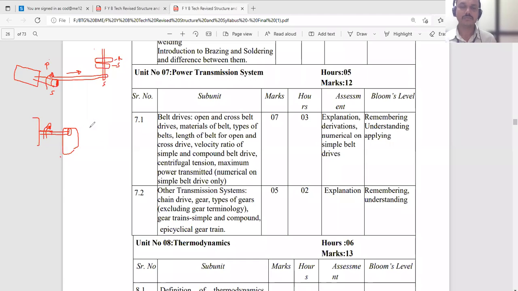Okay, so now take down 7.1. What are the points we will see here? Belt drives.